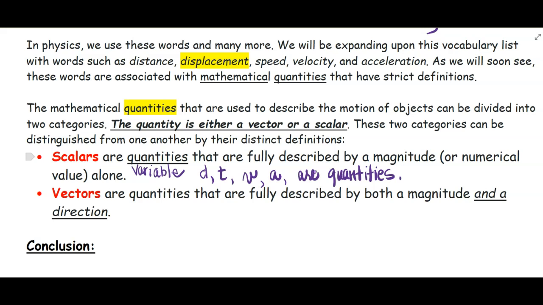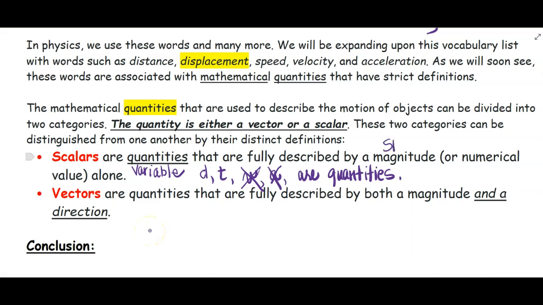All right, those would be ways we would express velocity. Acceleration, they're all called quantities, but scalars are described by magnitude alone. So that means we have to get rid of this one and this one because both of those need direction. Vectors are quantities that are fully described by both a magnitude.